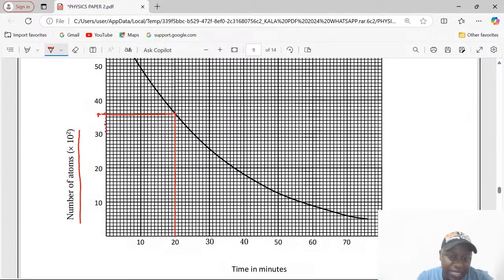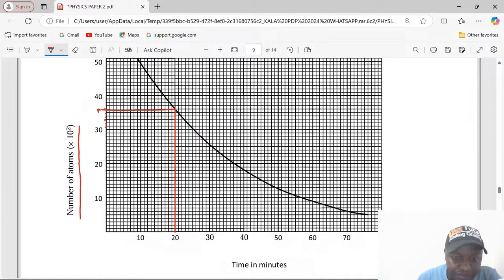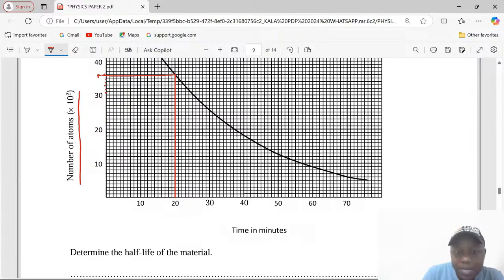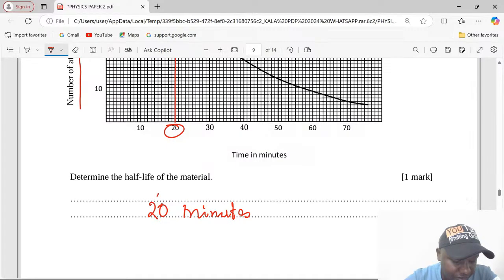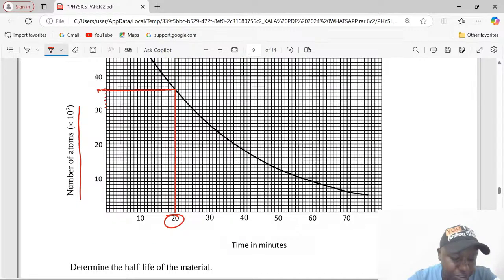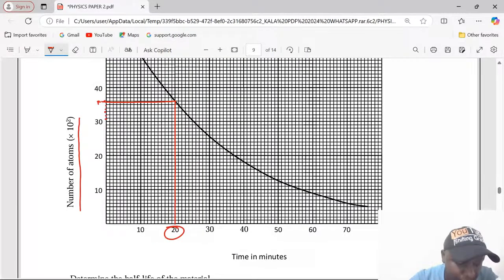So the corresponding time is exactly 20 minutes. We just check. Yeah, 20 minutes. 20 minutes is the corresponding time.